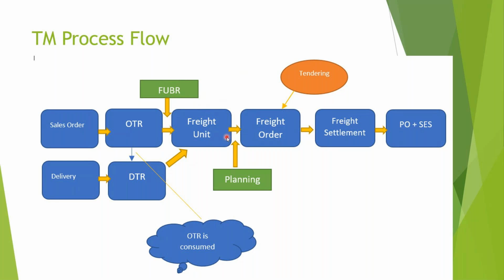The Chicago region is a very big region. So in the transportation planner, they take all the loads which are shipping out from New York to the Chicago region.